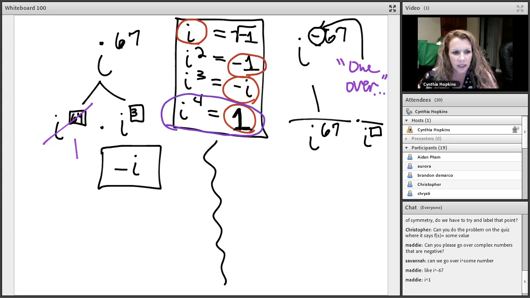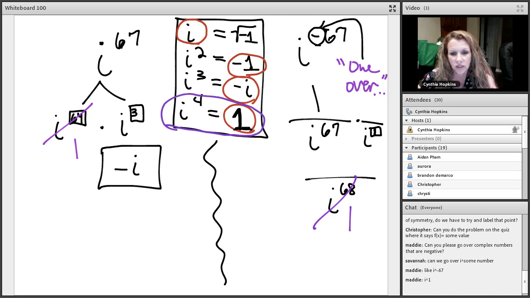Well, doesn't that mean I need a 1 in this little box so that my i to the 67th times my i to the first, when I add my exponents, I get i to the 68th. Well, that is a multiple of 4. Therefore, I can just cross this out and say that it equals 1, and I just got rid of my i's in the denominator. That's exactly what I was trying to do. You don't want any i's in the denominator.